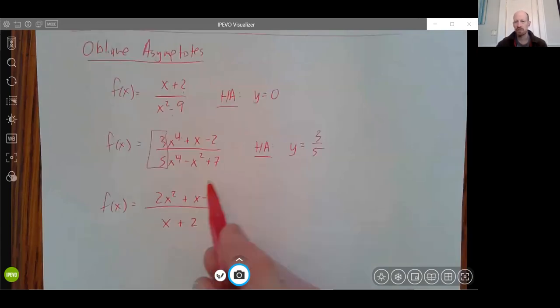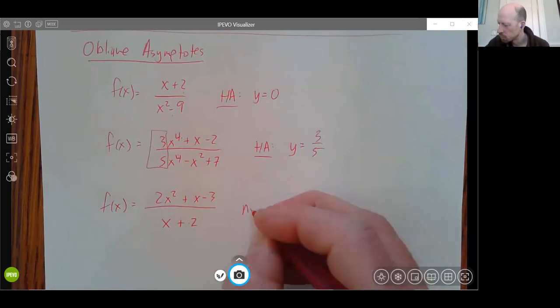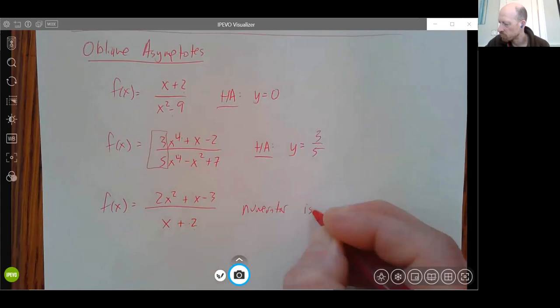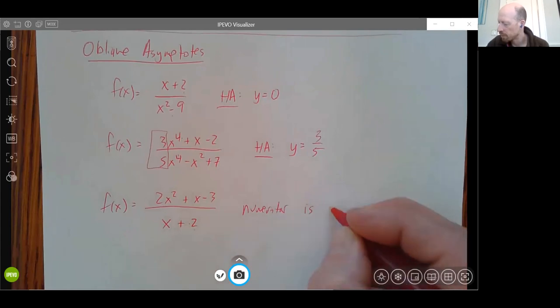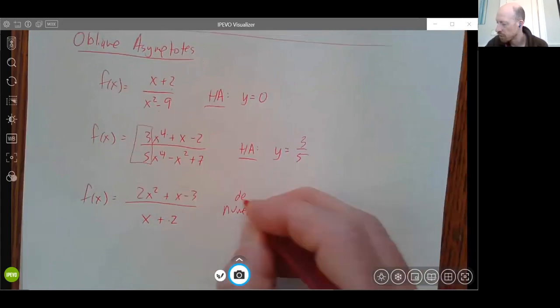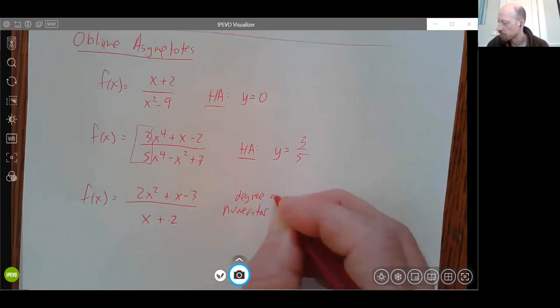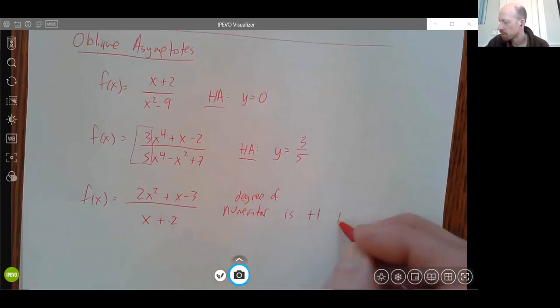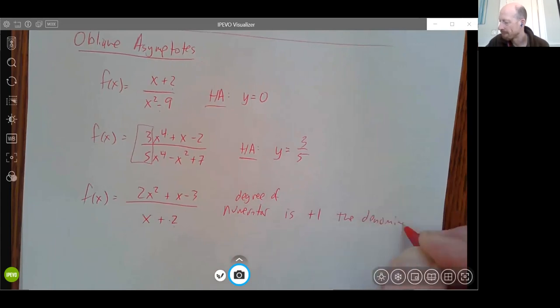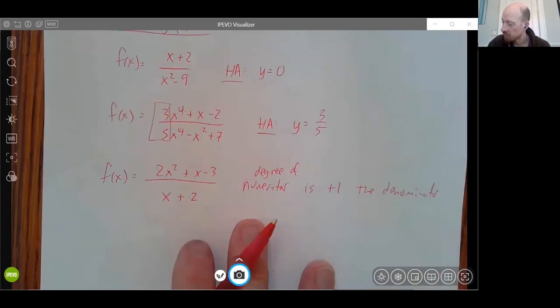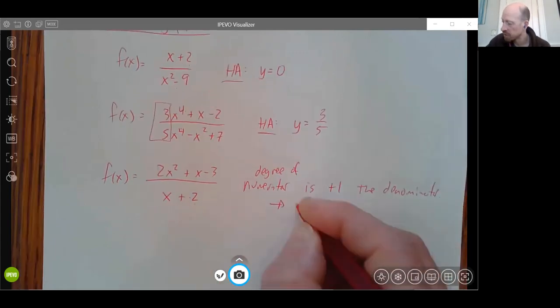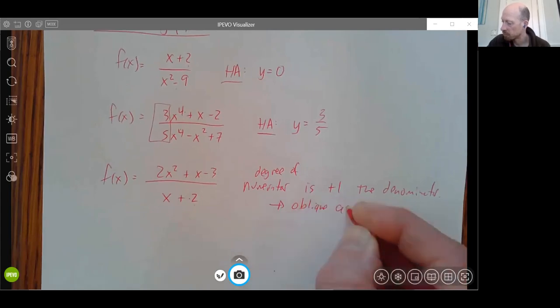The numerator is larger than the denominator, and importantly, the degree of the numerator is 1 larger than the denominator. And this is what's going to generate what's called an oblique asymptote.